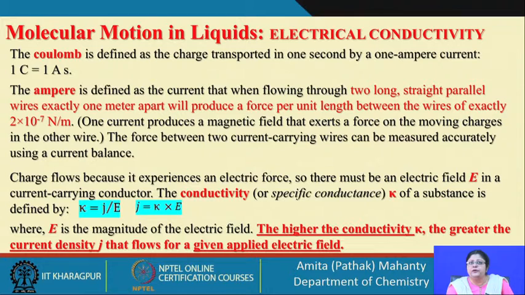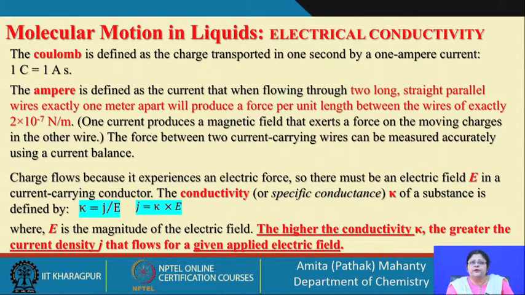The force between the two current carrying wires can be measured accurately using the current balance principle. We are going to do certain examples of current balance for measurement of conductance or conductivity in a next lecture, but let us go through what we have here. A charge is flowing.